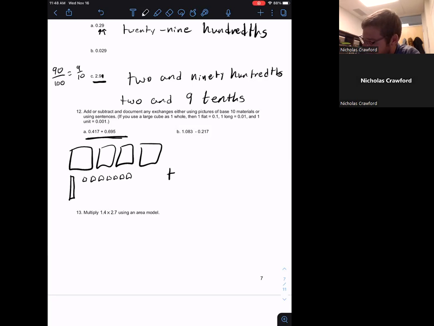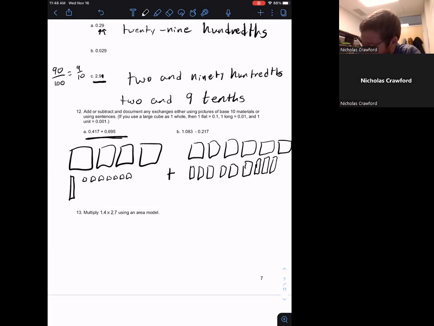And I want to add 6 flats, 9 longs, and 5 units. 1, 2, 3, 4, 5. Okay, so let's try some exchanging here.